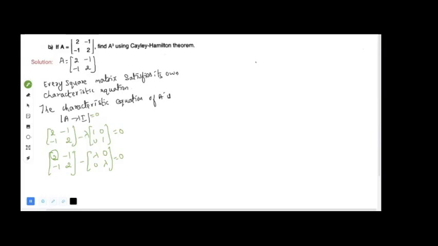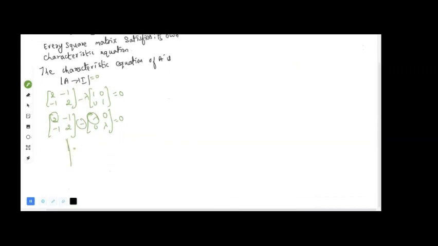Writing the first term with the first one, we get determinant of [2 minus lambda, -1 minus 0; -1 minus 0, 2 minus lambda] equals 0. Now to simplify this, cross multiply with the principal diagonal elements, that will be (2 minus lambda) into (2 minus lambda) minus of minus into minus will become plus 1, 1 is only 1, equals 0.